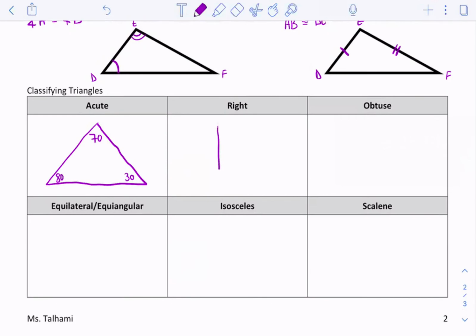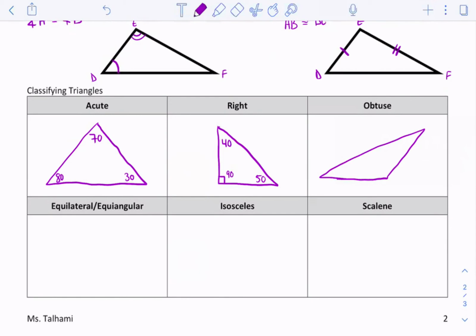A right triangle is when one of the angles is a right angle, or a 90-degree angle. Then the other two angles would be other numbers, but they would have to be acute. And an obtuse triangle is a triangle that has one obtuse angle.